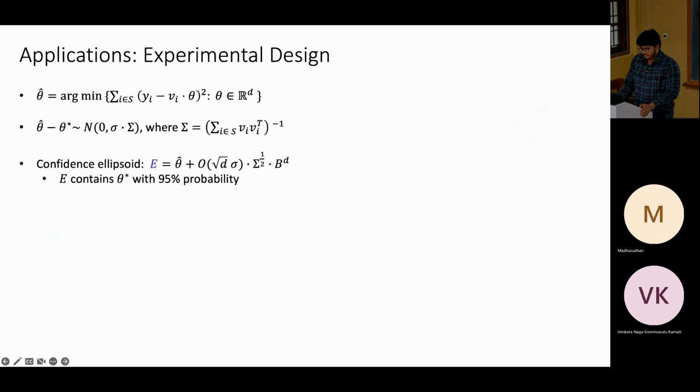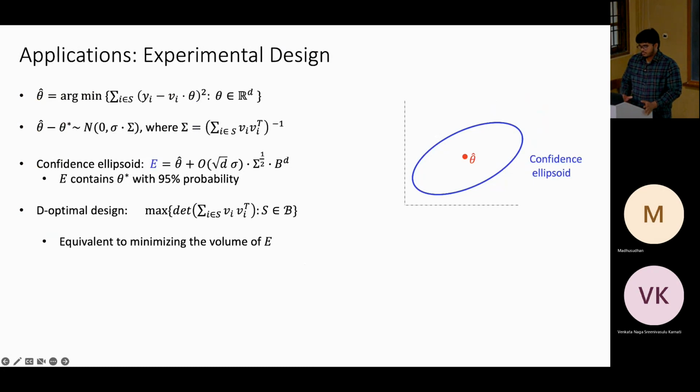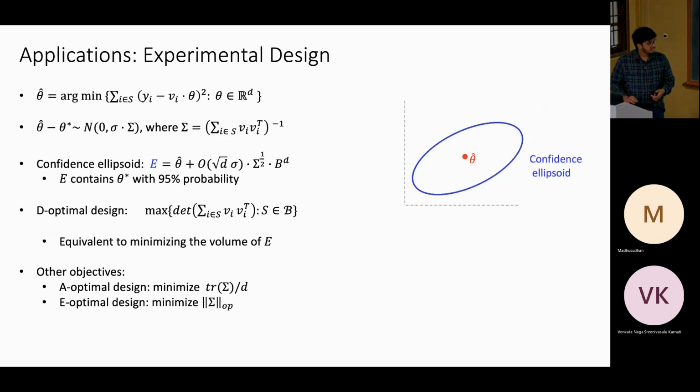If you look at the confidence ellipsoid, which is this object, you can guarantee that the actual theta star is within this ellipsoid with 95% probability. So the notion of accuracy here is the volume of this ball. You want to make this ball as small as you can. Minimizing the volume of the ellipsoid is equivalent to maximizing the following determinant.